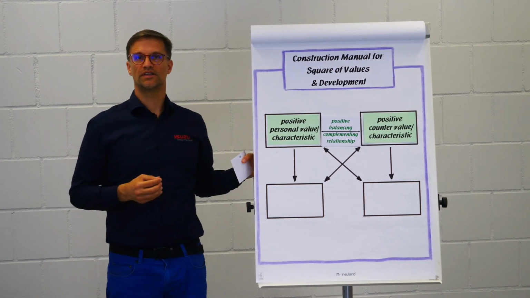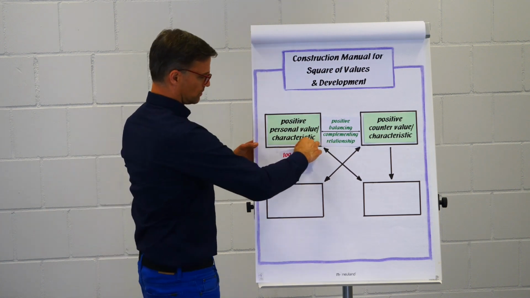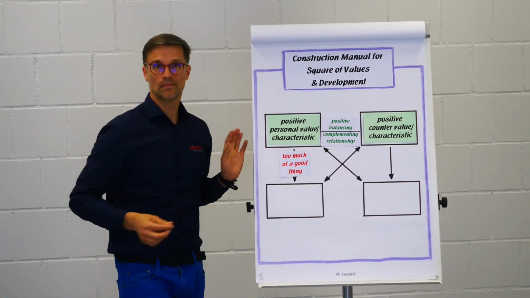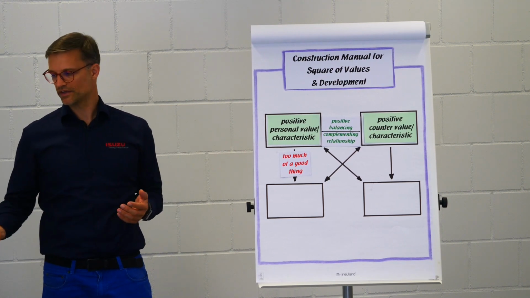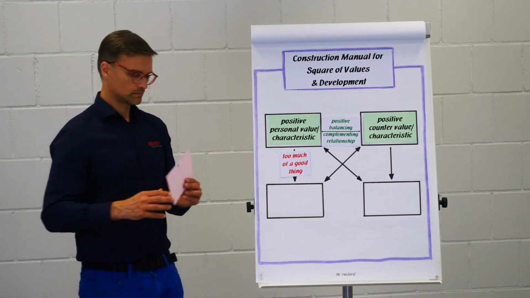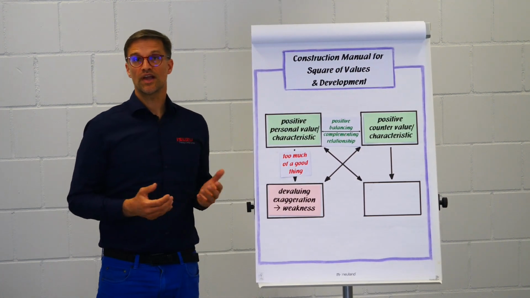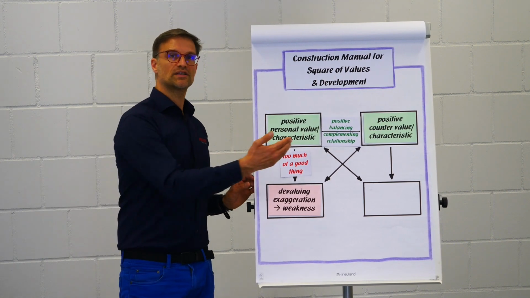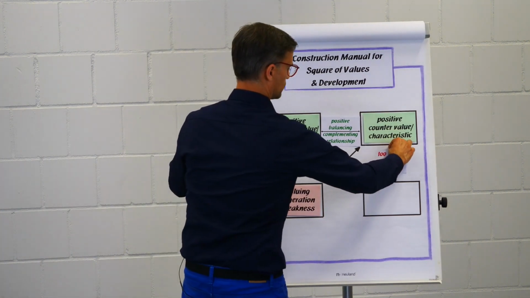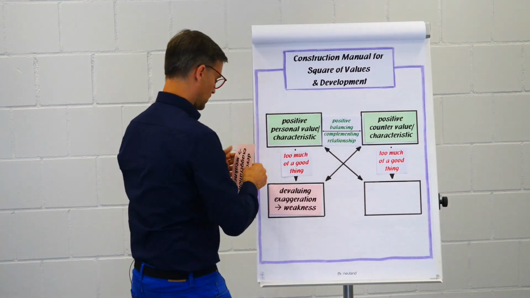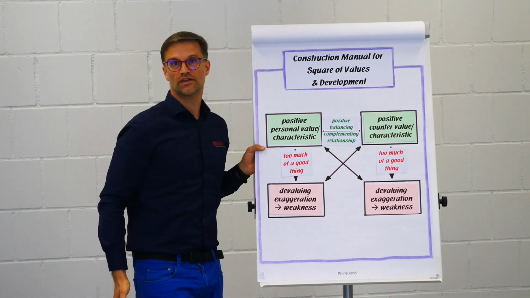When the positive quality gets too much of a good thing, it develops into a devalued exaggeration and becomes a weakness. The same logic applies to the square on the right-hand side. Too much of a good thing eventually becomes a weakness.